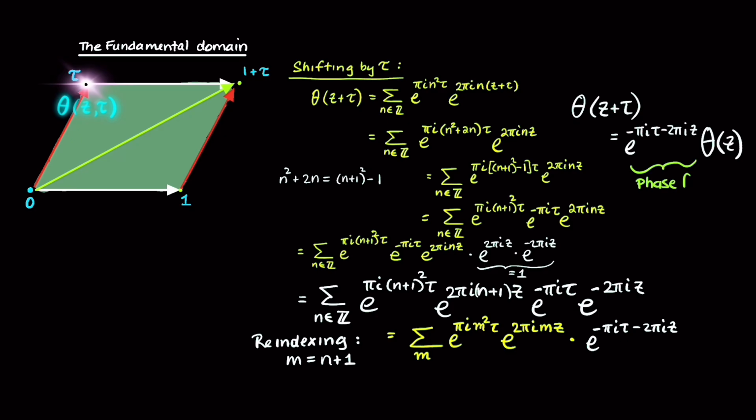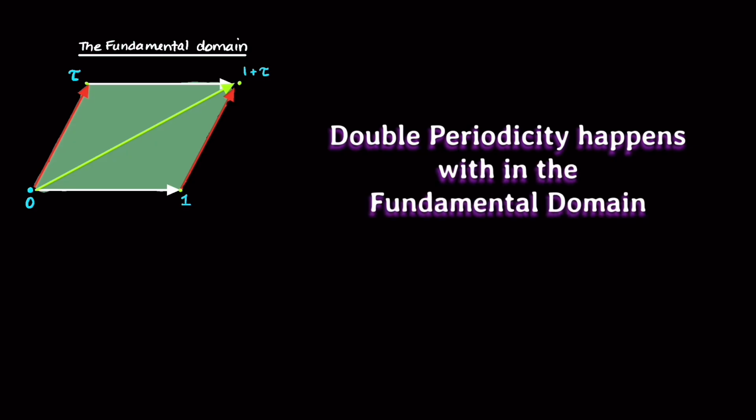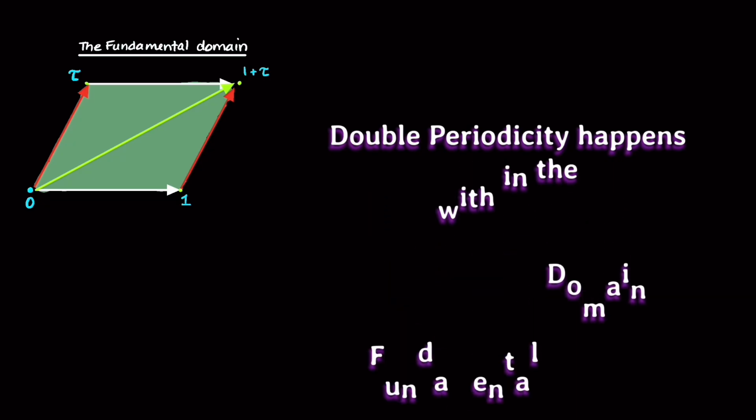It picks up a phase factor, an exponential term in tau. You can think of this as periodicity with a twist. So the double periodicity happens within the fundamental domain.